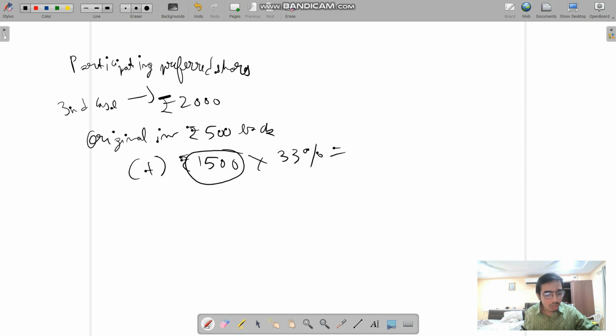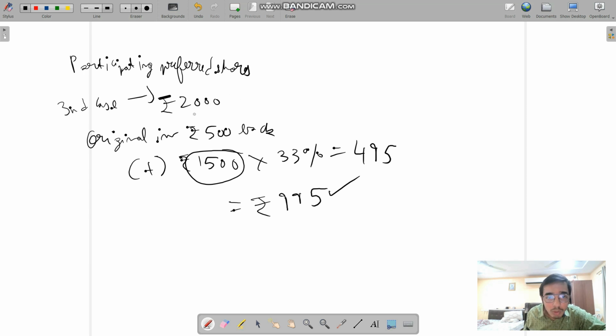So this comes to 1500 into 33%, which is 495. So rupees 995.